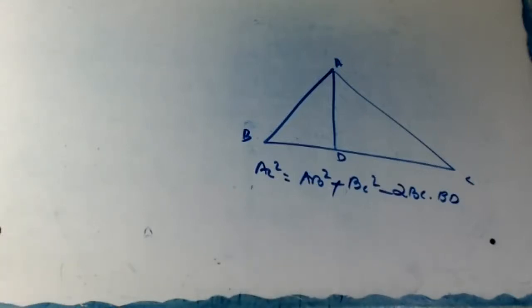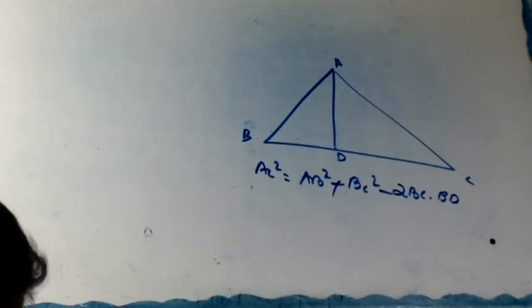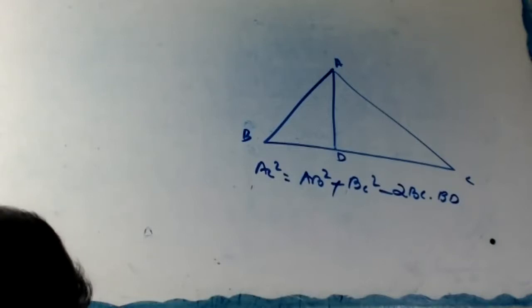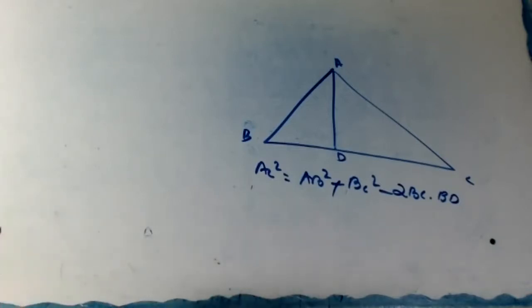Prove that sum of the squares of the diagonals of a parallelogram. We did same type in rhombus. Prove that sum of the squares of the diagonals of a parallelogram is equal to sum of the squares of its sides.